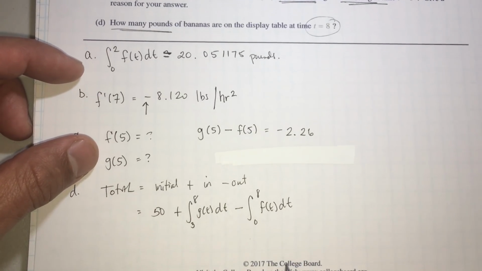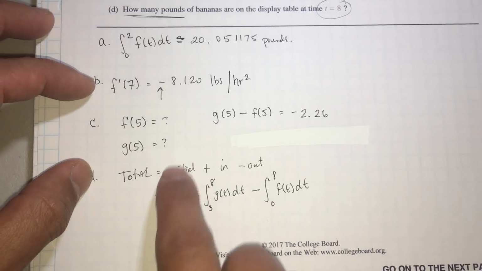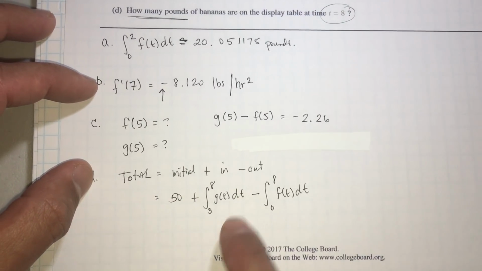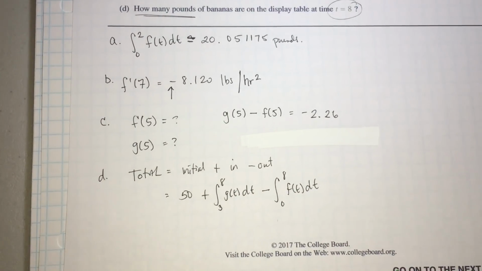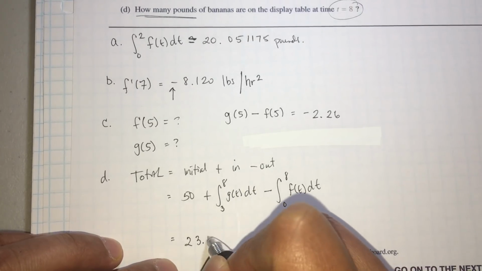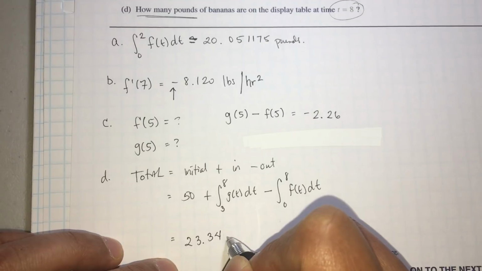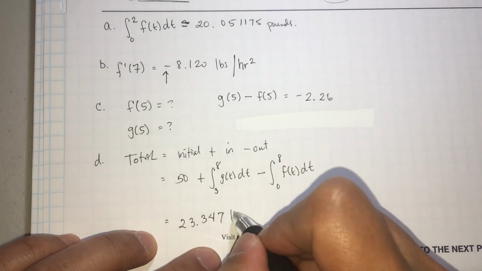So you have those two integrals, but hopefully it makes sense: what you start with, what's going in, what's going out. You plug it in your calculator and you should get 23.347 pounds of bananas.